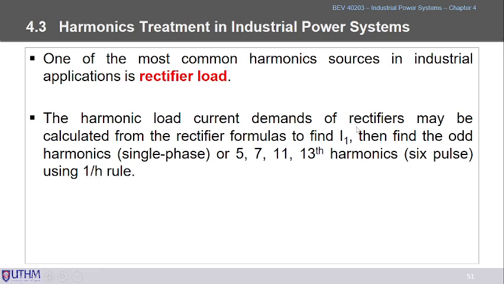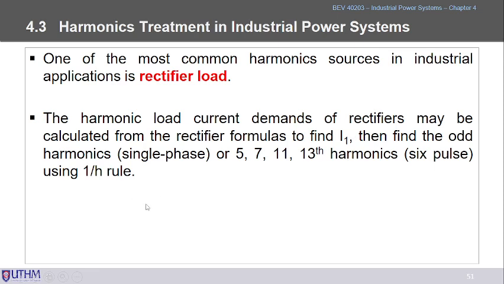Let's say we can find the fundamental current, and the fundamental current is 100 ampere. Then we can simply use this 1/h rule. For example, we want to find the 5th order harmonic of the current. We use 1/5 multiplied with the fundamental I1, which is 100.